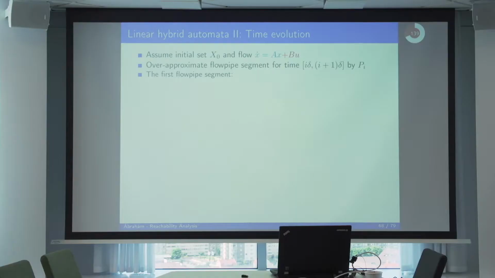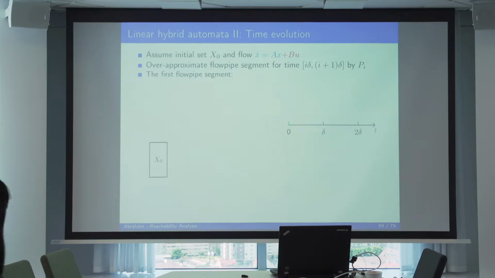OK, how to do it? The first flow pipe segment from 0 to delta time is a bit more complicated. So I start here by the initial set and want to compute what is reachable within this time interval. This is a bit more complicated, and the further steps will be easier. And there are different approaches. I tell you just one approach. This is not the only one how you can do it.